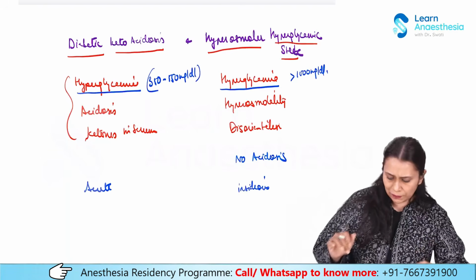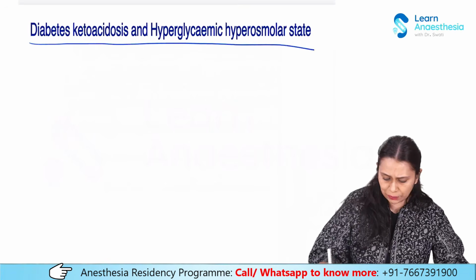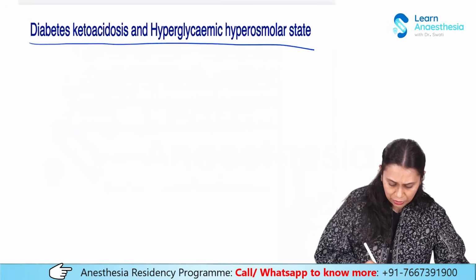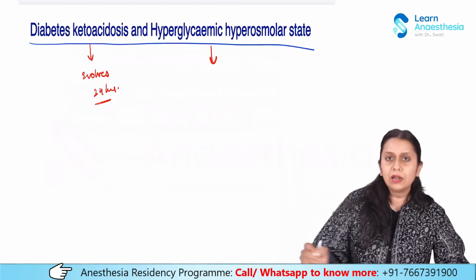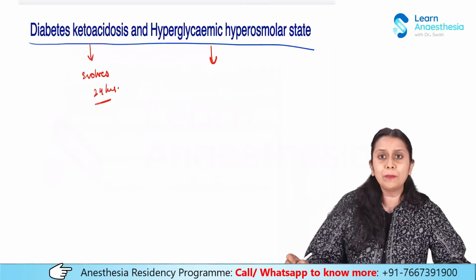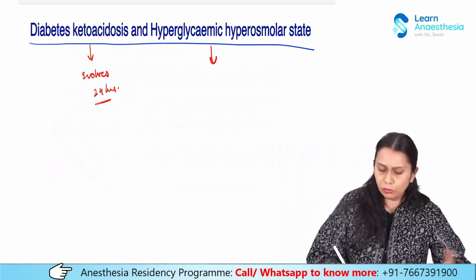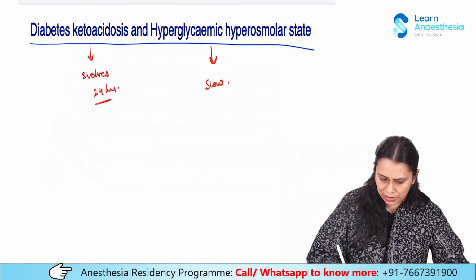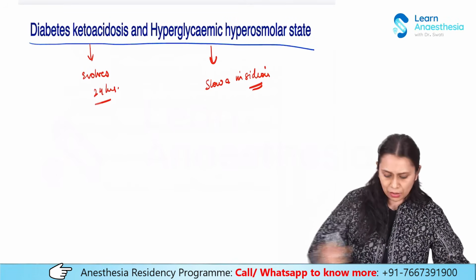So, what is the earliest symptom of diabetic ketoacidosis and hyperosmolar hyperglycemic state? As I said, diabetic ketoacidosis evolves within 24 hours, and hyperosmolar hyperglycemic state is more slow and insidious in evolution. Now, how do they present?